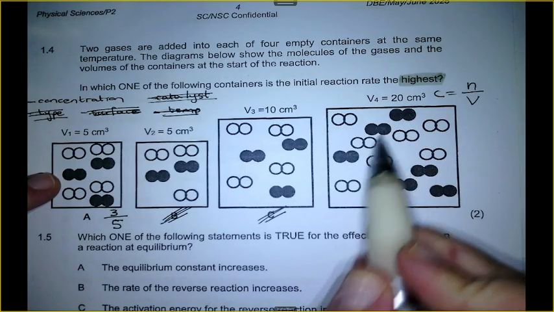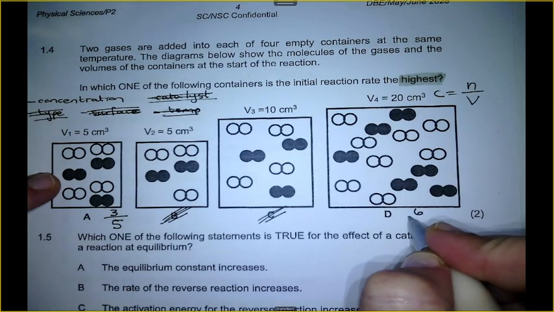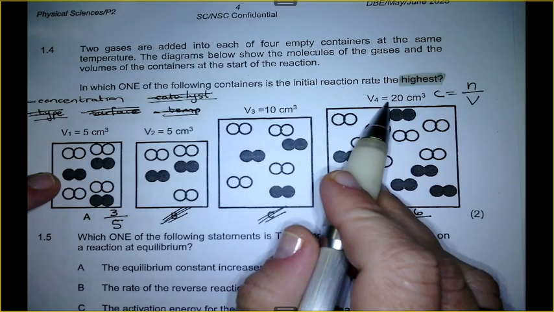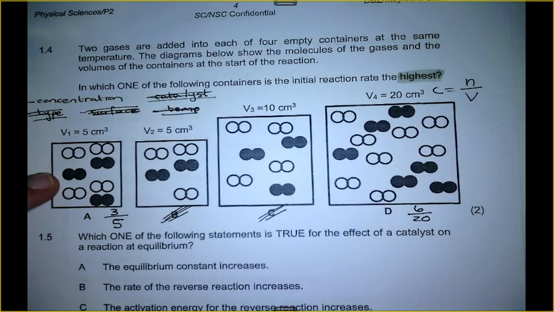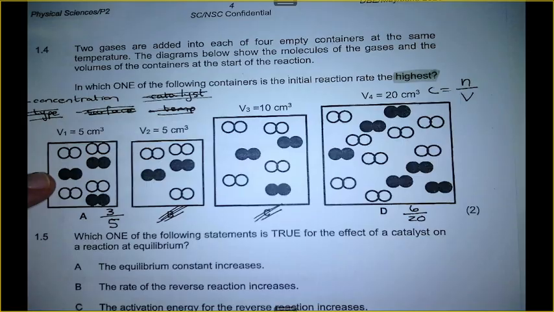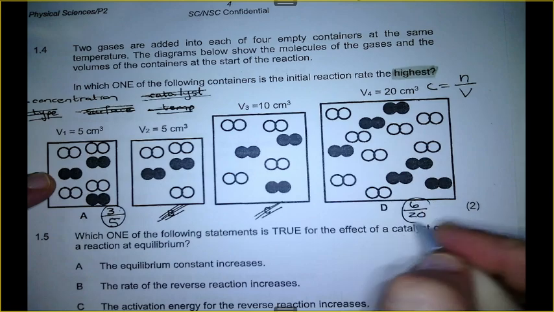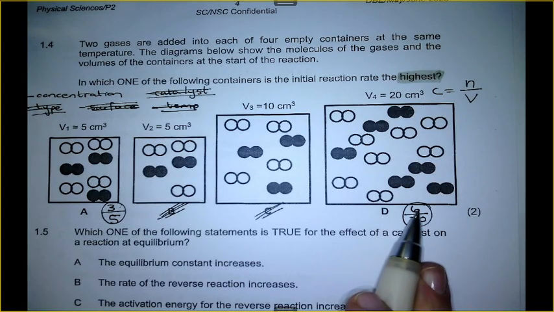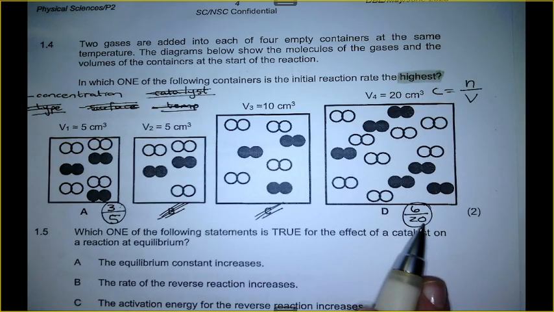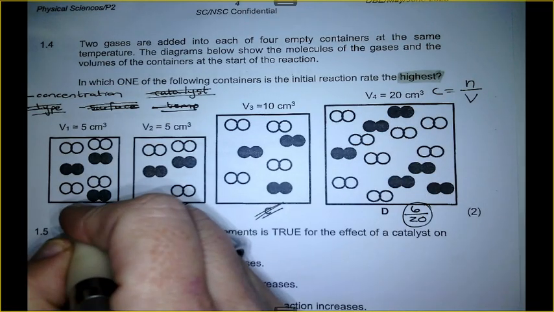This side I've got 1, 2, 3, 4, 5, 6. So I've got twice the number of dark particles, but the container is 4 times as big. If you look at the relative concentration of A and D, you will see that even though there's twice as many particles, the container is 4 times as big. So this concentration is still less than the concentration of A.